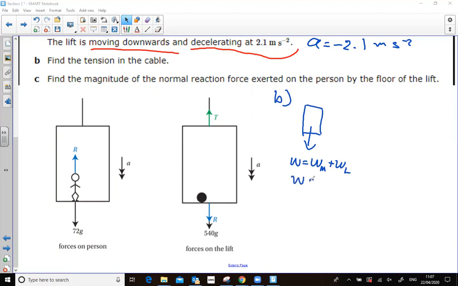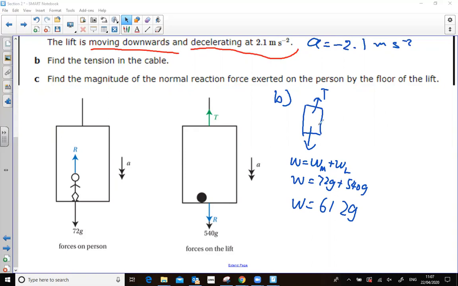So the total weight would be 72g plus 540g, and the total weight for the combined object would be 612g.